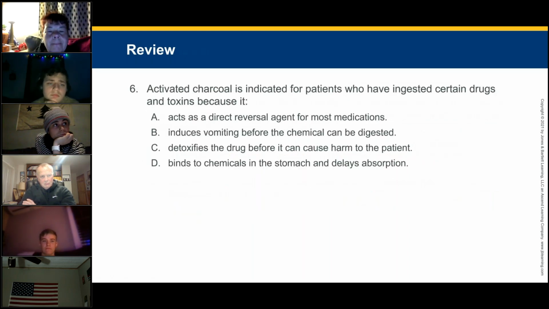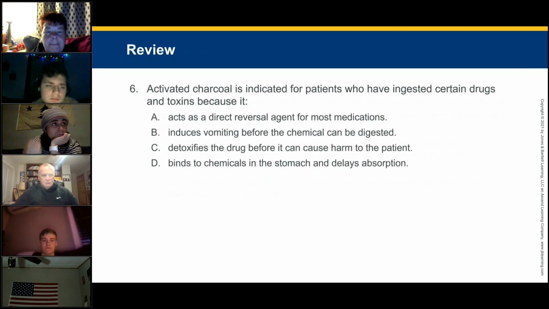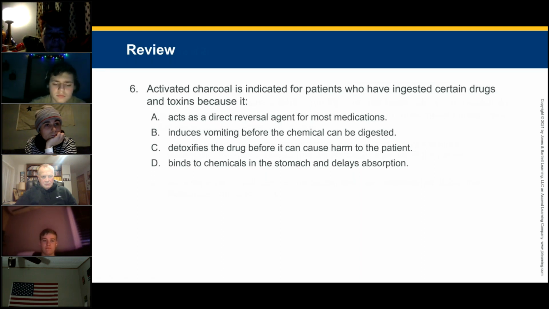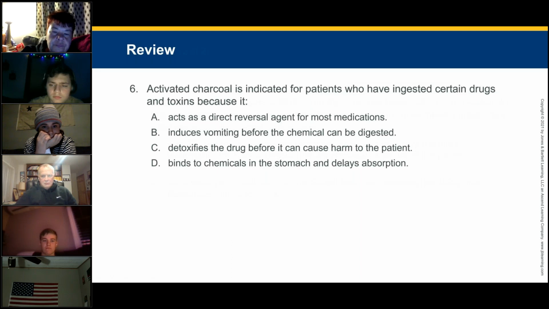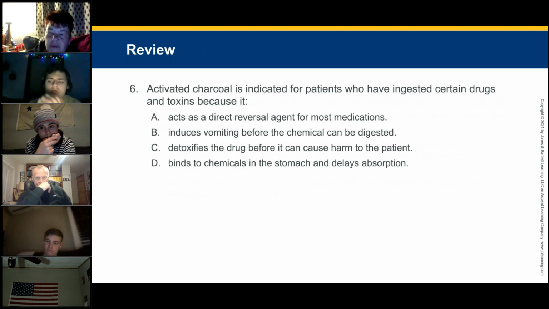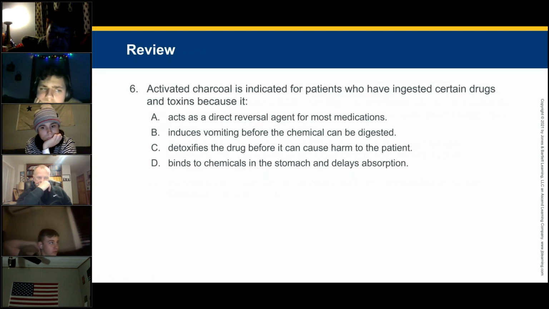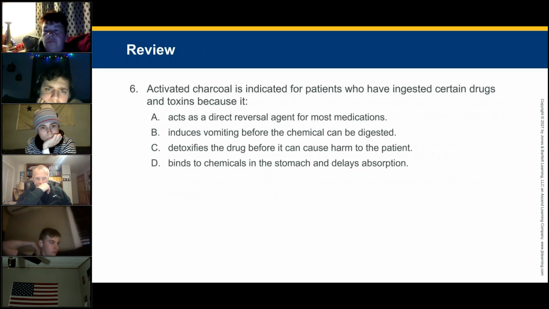Activated charcoal is indicated for patients who have ingested certain drugs and toxins because it does what? Very good.